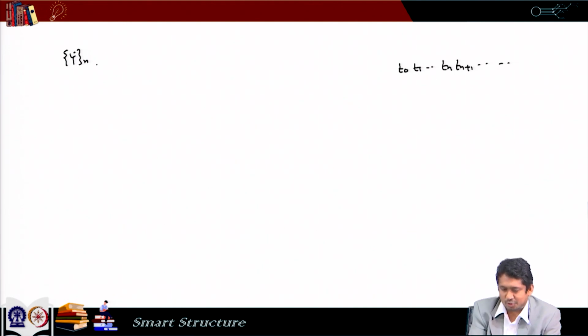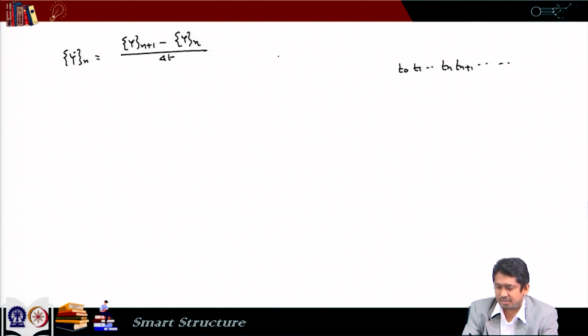Now, if we use finite difference scheme, we know that the derivative at the nth time step Tn, if I write that as y dot n, is equal to (yn plus 1 minus yn) by delta t. So, delta t is the time interval.